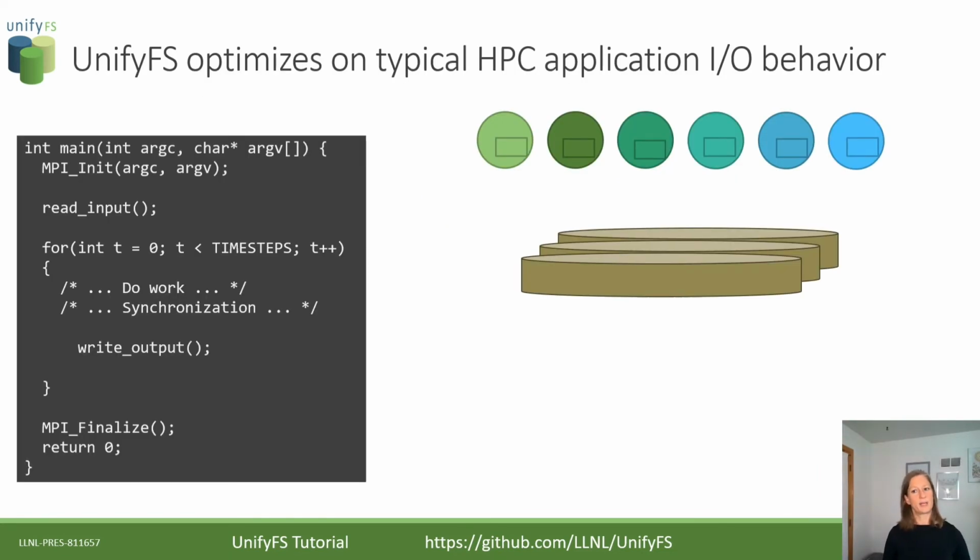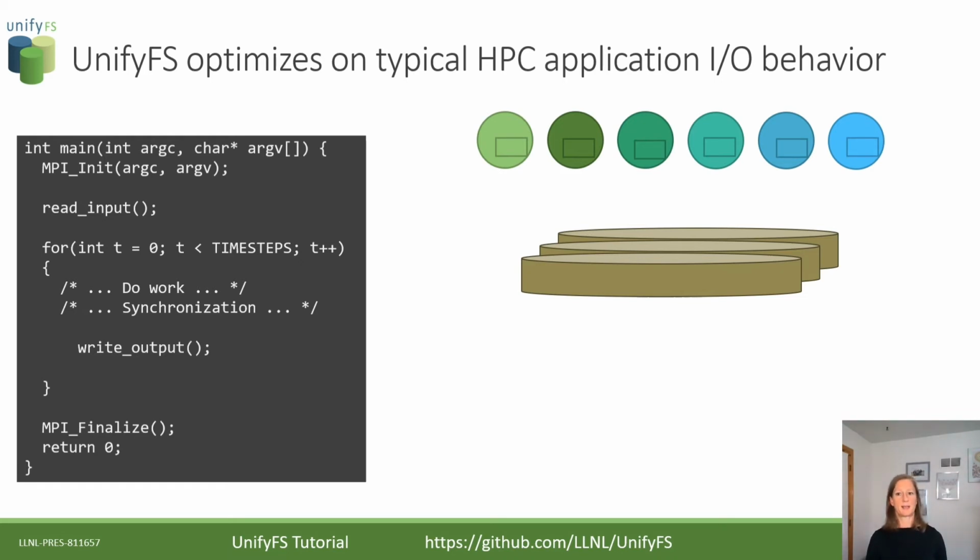So I said that we optimize UnifyFS based on typical HPC I/O behavior. And I'm going to use the next few slides to talk about what those typical behaviors are and how we optimize for them. On the left-hand side, we have a skeleton of a typical HPC application, sets up MPI, reads its input so it can get going, and then has a time step loop.